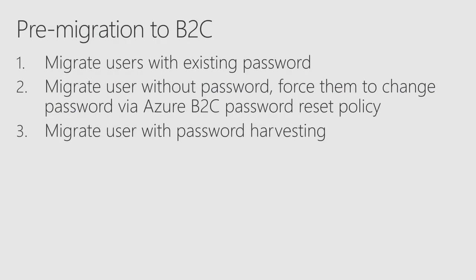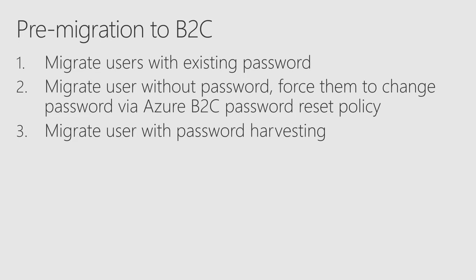The third option, migrate users with password harvesting. It means that when we plan to move from one identity provider to Azure Active Directory B2C, we can force the user on the old identity provider. We can force the user and ask them, okay, you must change your password.